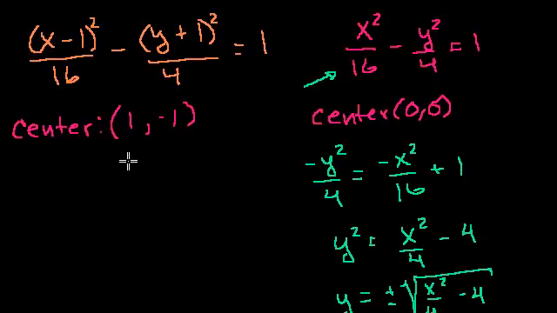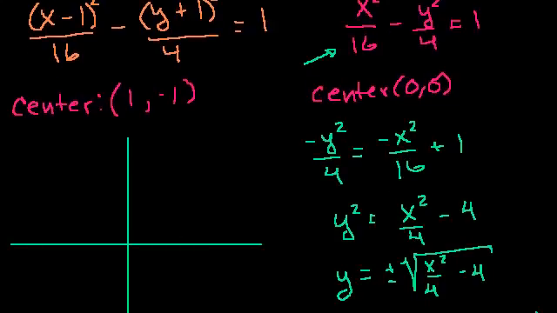Let's see, so this is my x-axis. And the center of this is at 1, negative 1. So x is equal to 1. y is equal to minus 1. Fair enough.